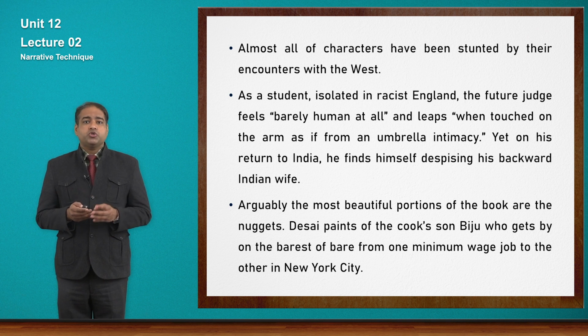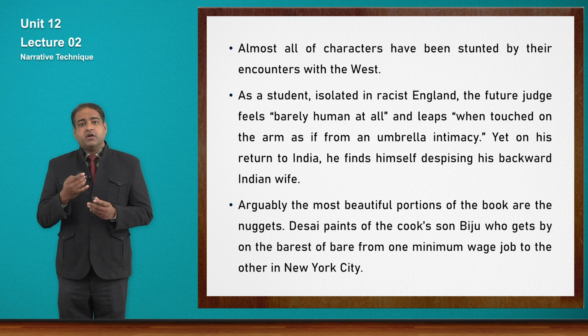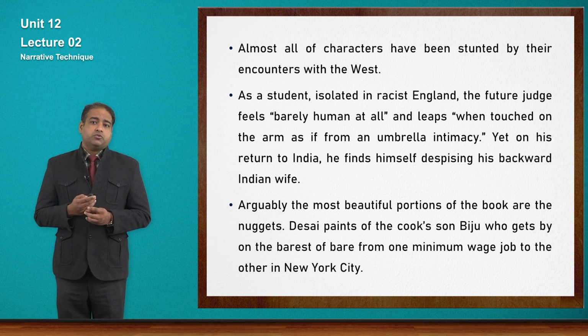There was nobody to share his feelings. So the Judge felt that he is not even human in England. Nobody tried to touch the arms of the Judge with intimacy. And the same Judge reflected it in his brutality towards his wife when he came back to India.